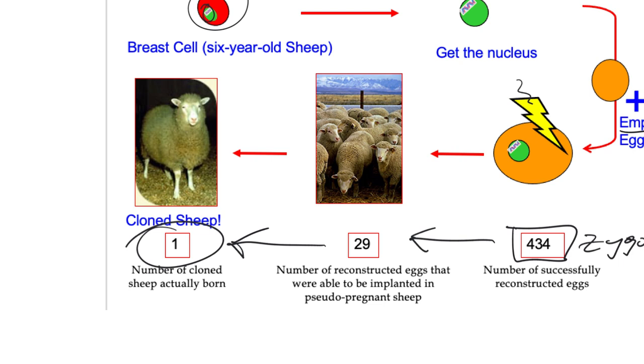The other 28 died. They were spontaneously aborted, or they grew to be individuals that had severe problems that caused them to die at birth or soon after birth. So there's an ethical issue there too.